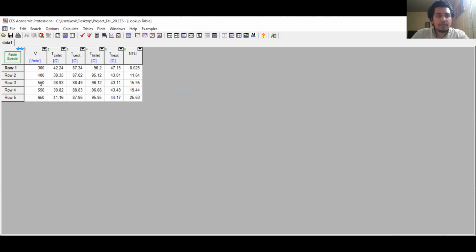So these 6 columns indicate the volumetric flow rate for our 5 experiments, the temperature of the cold fluid at inlet and outlet, and the temperature of the hot fluid at inlet and outlet. Also, we assumed the number of transfer units for our calculations of the overall thermal conductance.